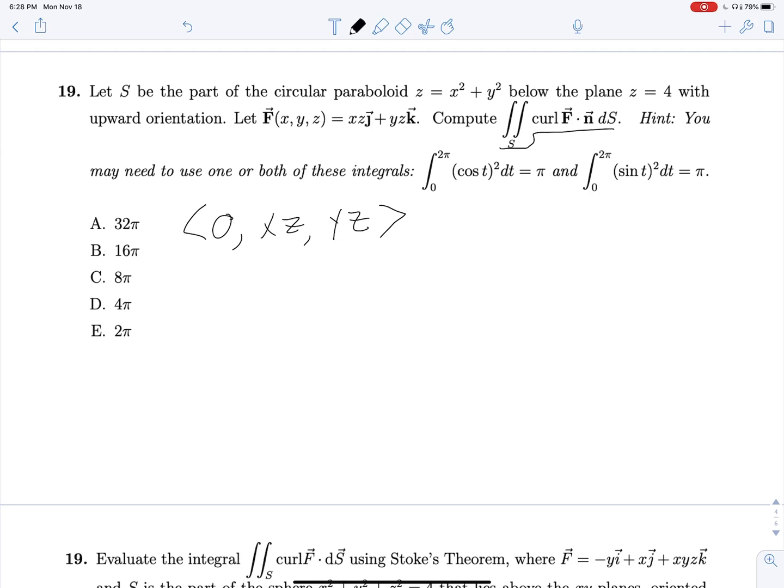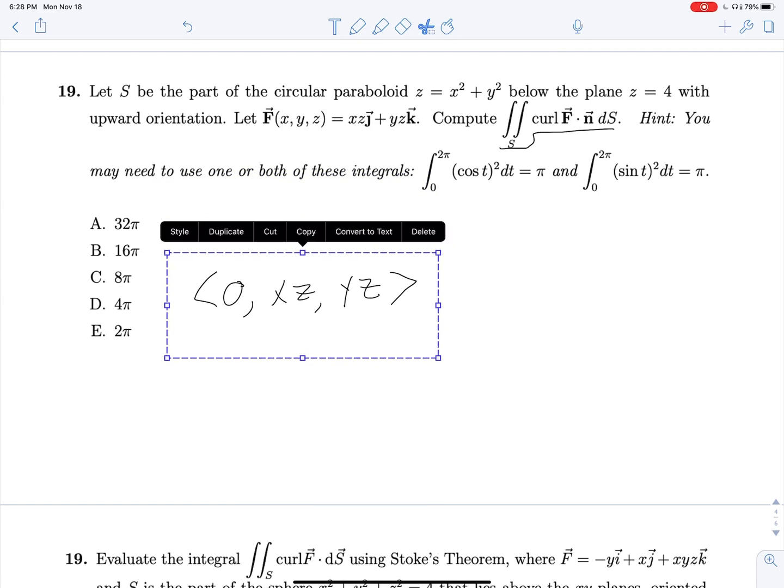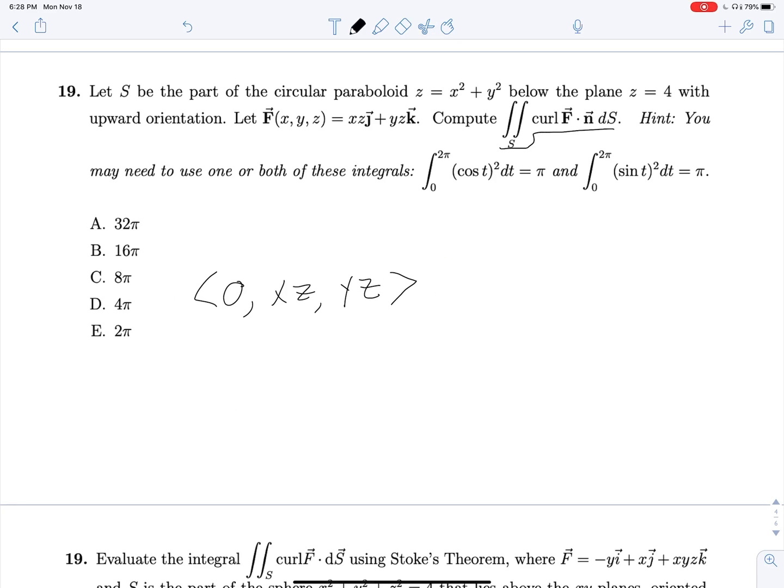And if I remember correctly, curl f dot n dS is actually the better way to go about this. So let's try it. Could be very wrong. And actually looking closer, I'm almost definitely wrong because they're giving us a hint with some trig functions in there. So that's a good hint that we should be parametrizing something.